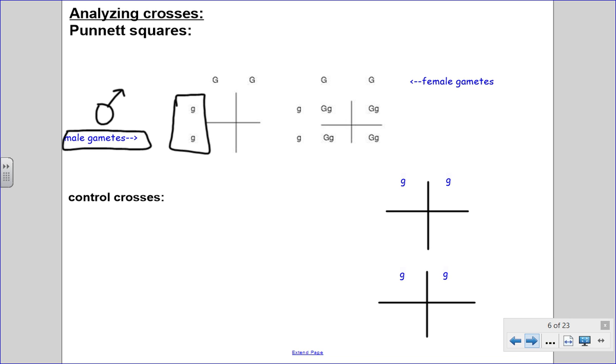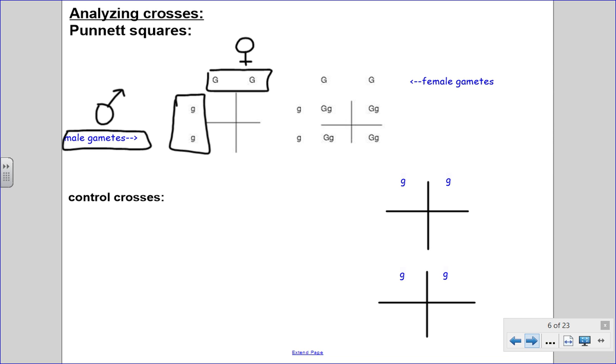And then you would put the female gametes, which you will often see represented with the female symbol, along the other side. It's pretty standard in your textbook that the male goes on the left and the female goes on the top. It's not a rule, but that's typically how things in your textbook would be set up.